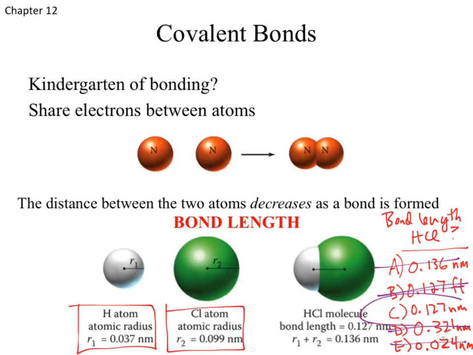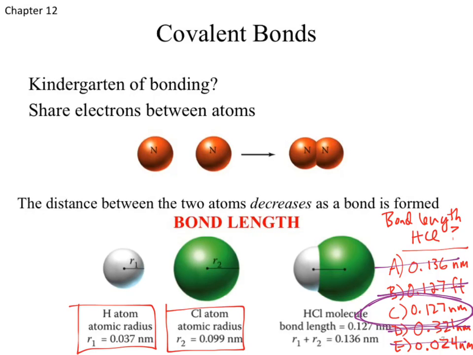It has to be our 0.127. So we use the formula that is in the book to determine the maximum value, and then we need to go a little bit smaller than that, because for a covalent bond, it definitely shrinks.